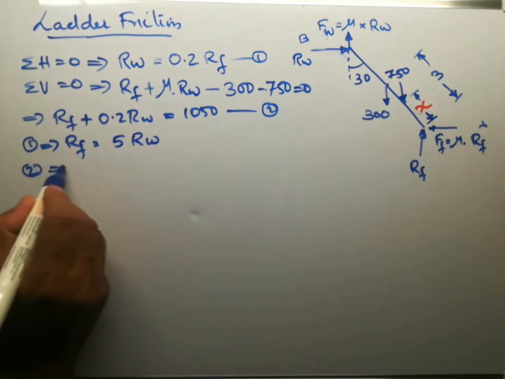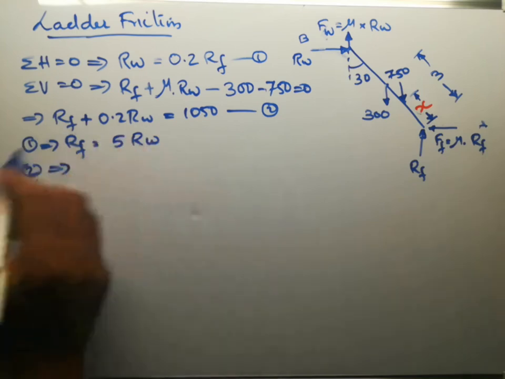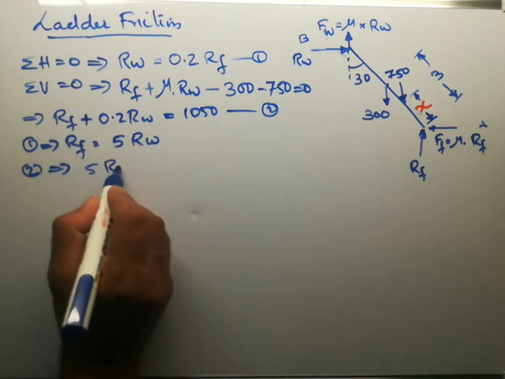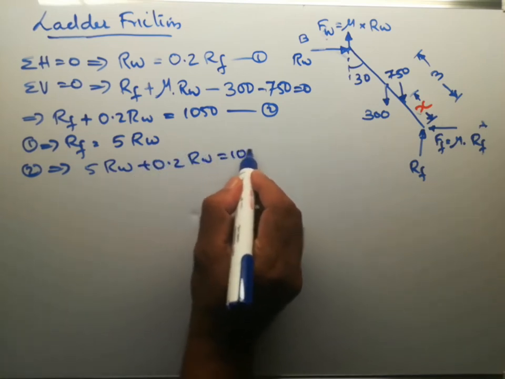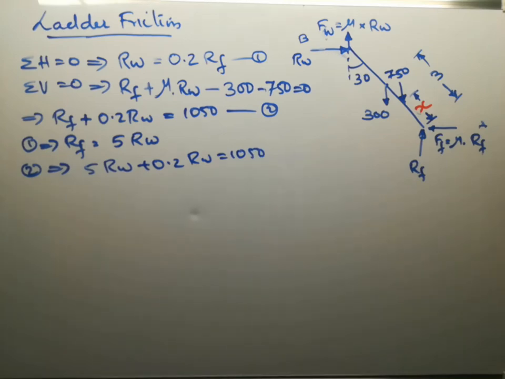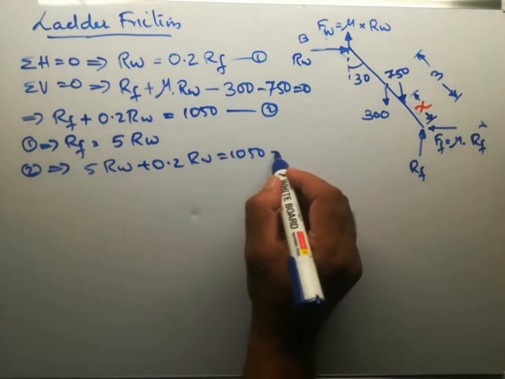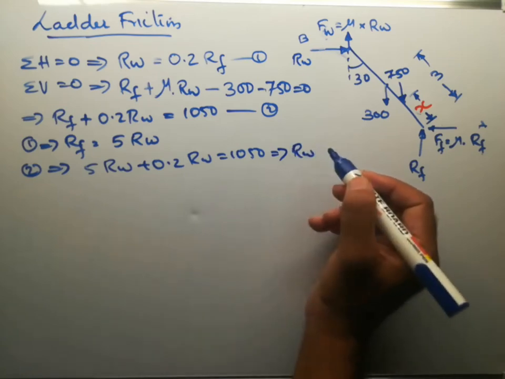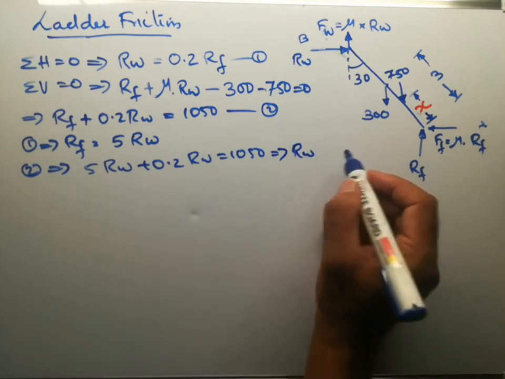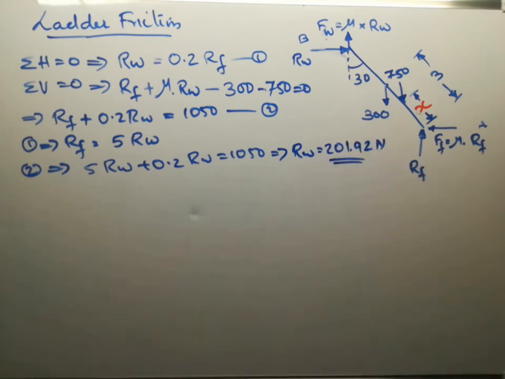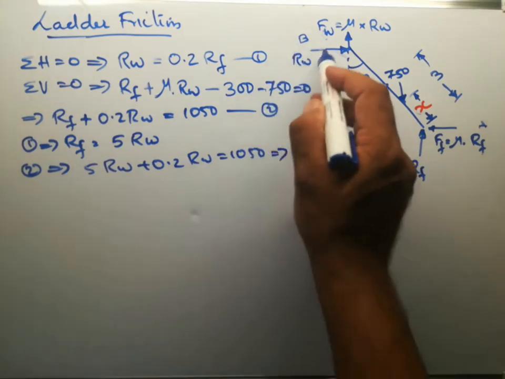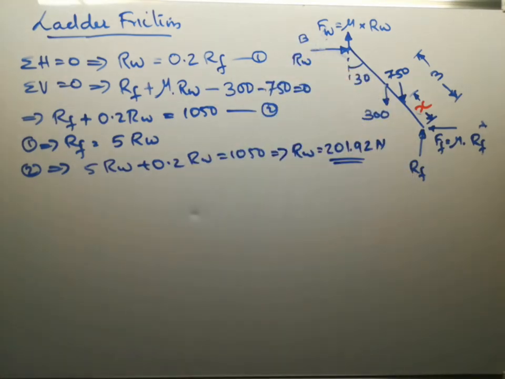Therefore, equation number 2 can be written as 5 Rw plus 0.2 Rw equal to 1050, or we will get Rw equal to 201.92 Newton. Rw is the reaction at point B from the wall, and its value is 201.92 Newton.